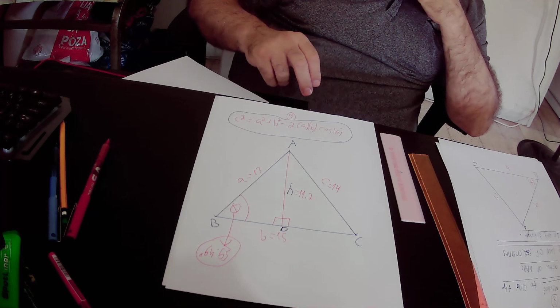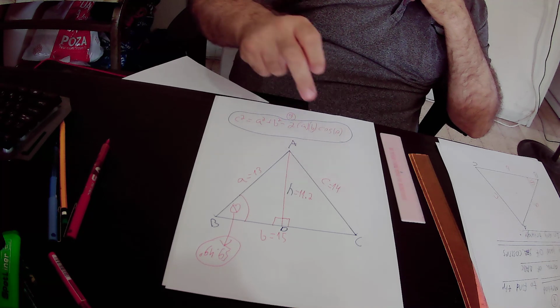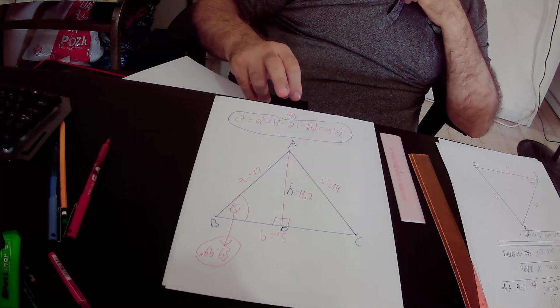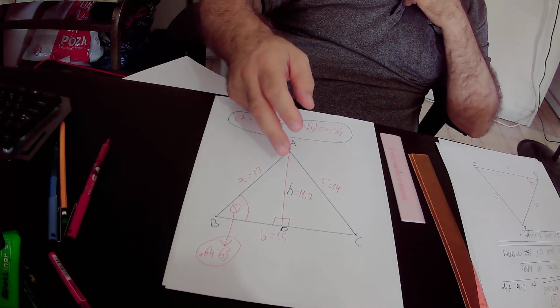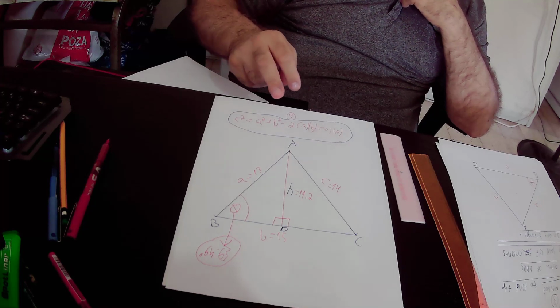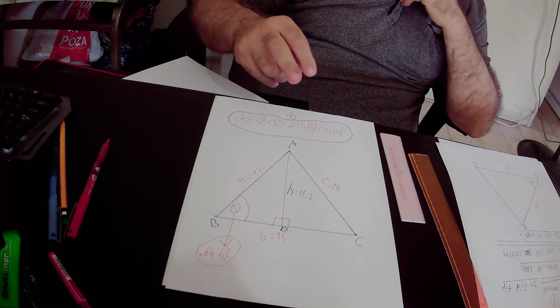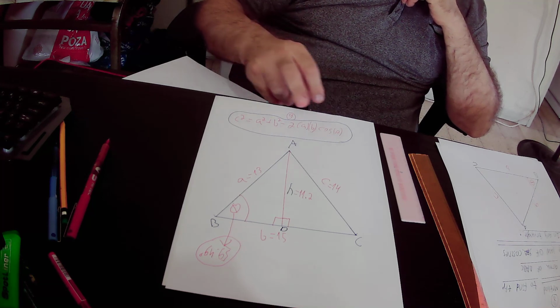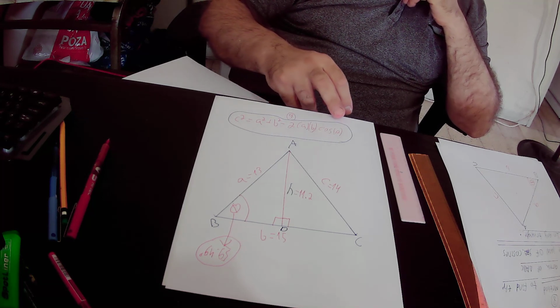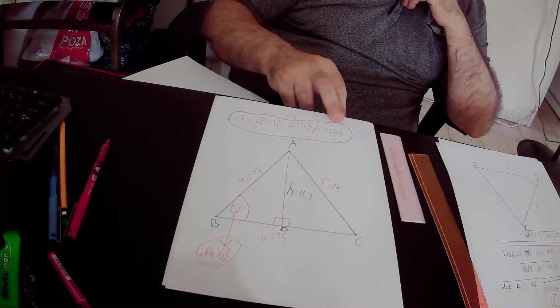We know the values of all the variables inside this equality in our triangle ABC. The only missing variable here is cosine theta.